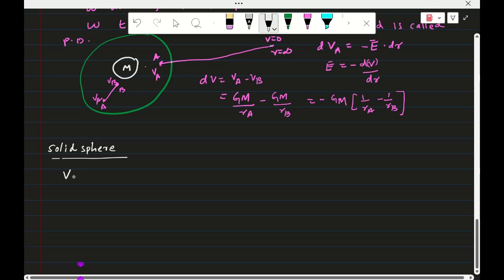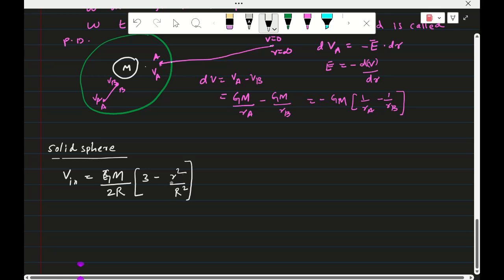So therefore potential at a point inside is equal to Gm by 2R cube, into 3R square minus small r square, by capital R cube.